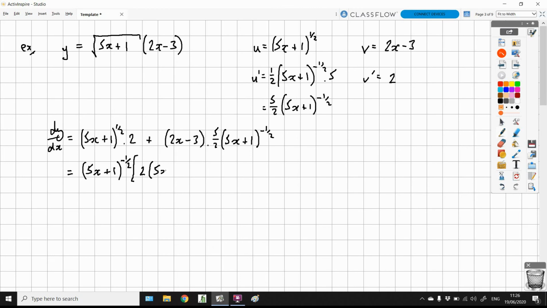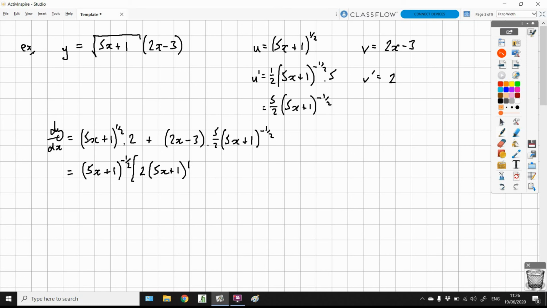It's going to be some kind of 5x plus 1 to the power. Remember that when you multiply, as we are across this square bracket, the powers are added. So negative a half plus something has to make positive a half. And that's actually a very easy power 1.